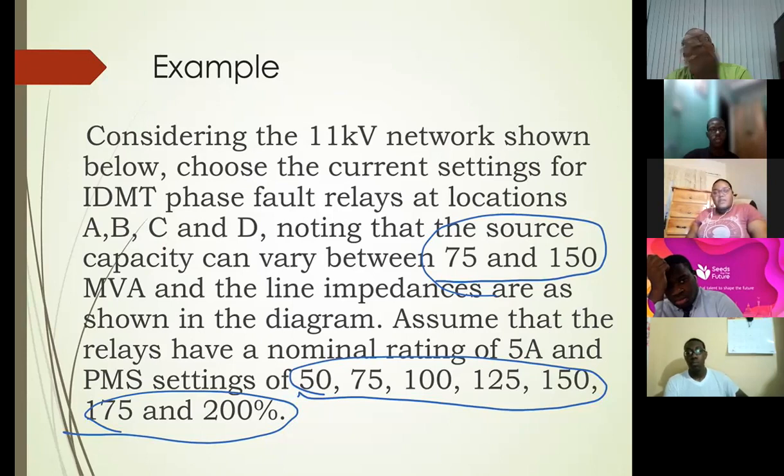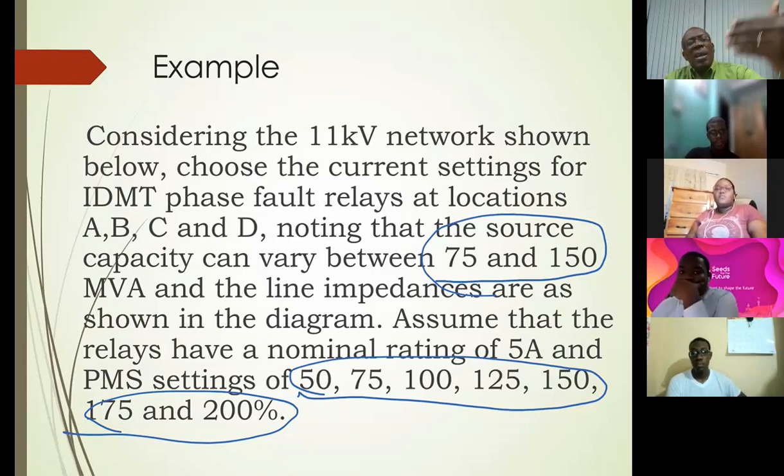So if the capacity can vary between 75 and 150, all we are saying is that that particular feeder can either have 2 75 MVA transformers supplying it or one. So there are instances where you have one or you will have two. So it's not that we're adding generation. It's the capacity that we have created or expanded.